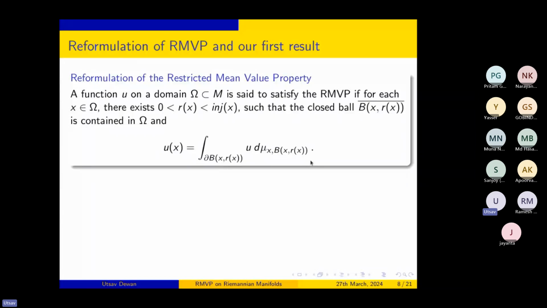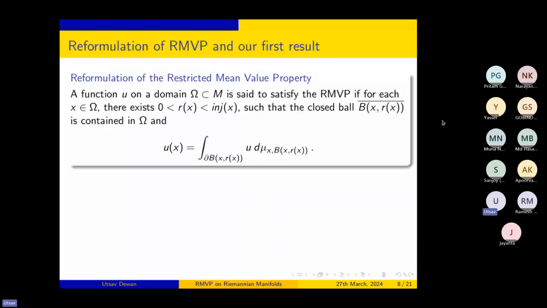So just as in the Euclidean case, we look at the usual mean value property of a harmonic function in a general Riemannian manifold, and instead of looking at the spherical mean value property for all such spheres, for each x we fix one R_x, and we look at the sphere with center x and radius R_x. So only for each point x you look at one sphere, and hence this is the restricted mean value property, the natural analog of the restricted mean value property for a general Riemannian manifold.